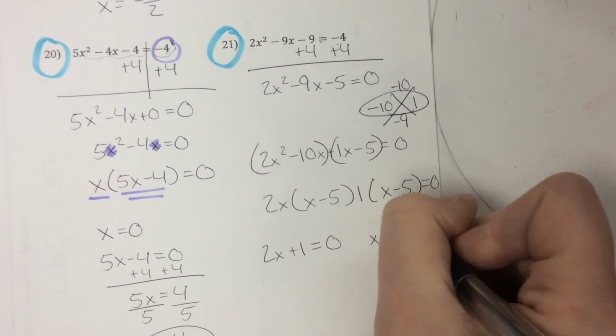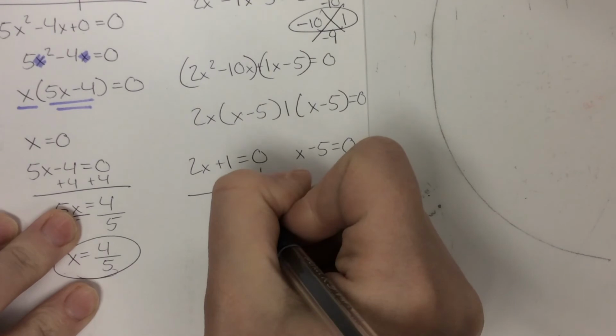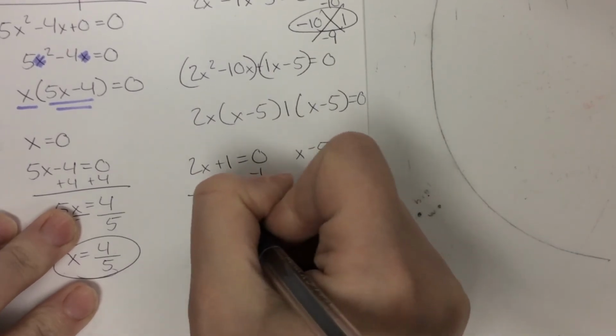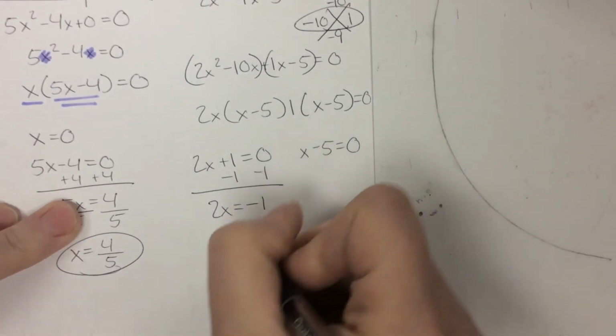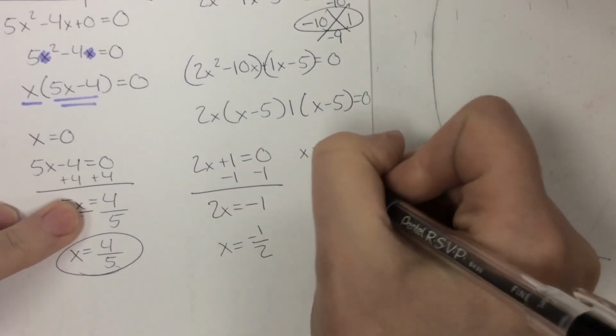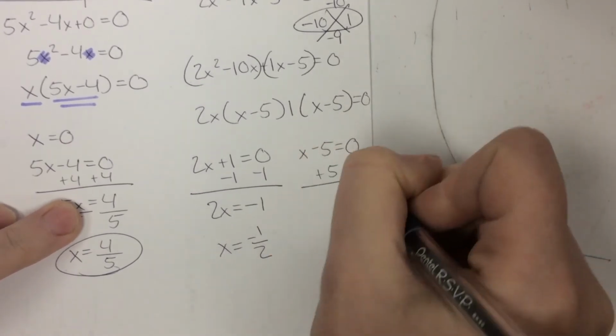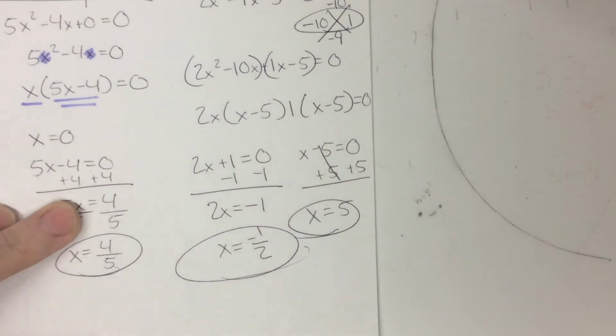X minus 5, that's equal to 0. So subtract that 1. So it's negative 1. 2x equals negative 1. And divide by 2. X equals negative 1/2. Over here at 5. X equals 5 and negative 1/2.